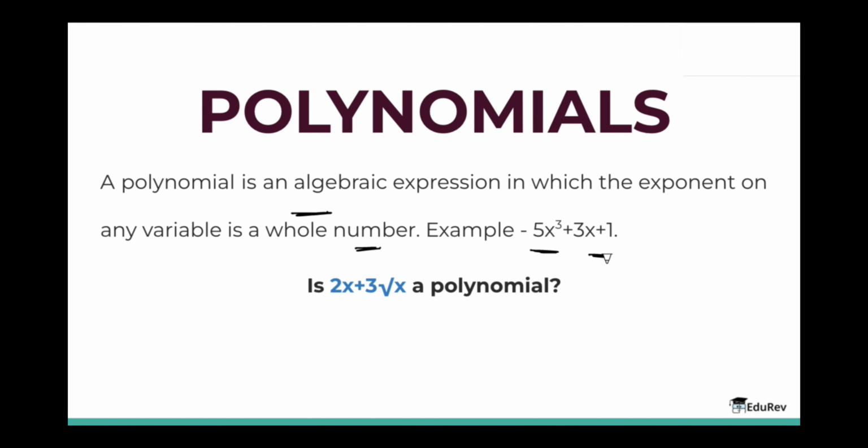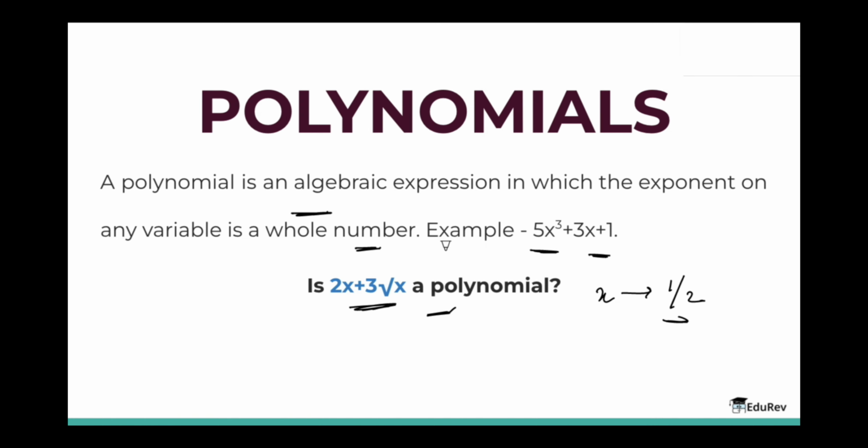It's also an algebraic expression. Whereas, let's take another example. Is this a polynomial? No, it's an algebraic expression, but not a polynomial. Because the exponent on x is what? Half, which is not a whole number.